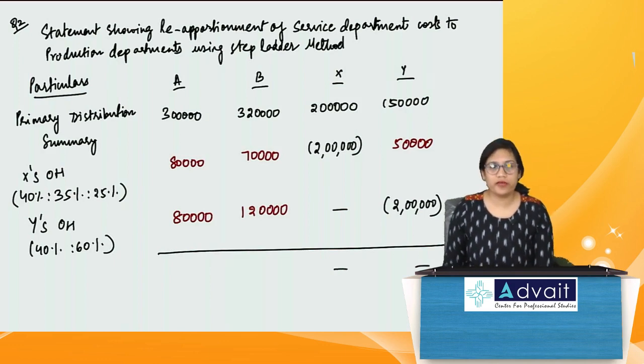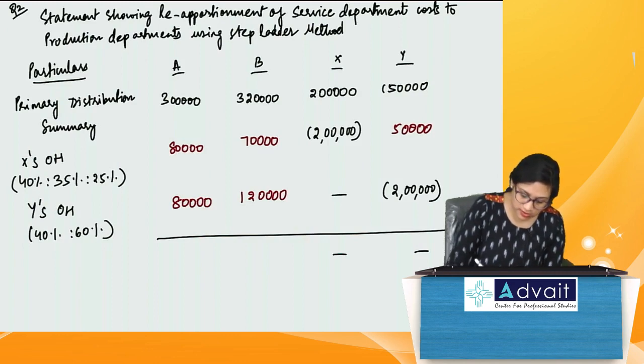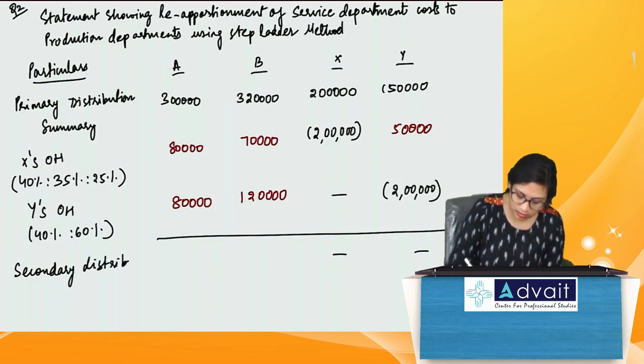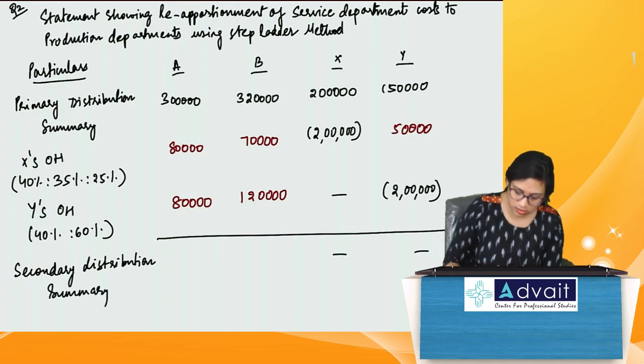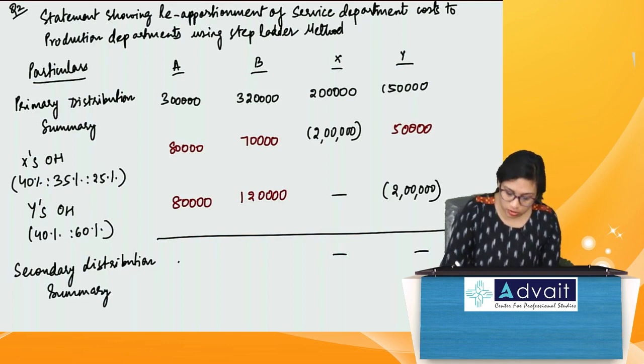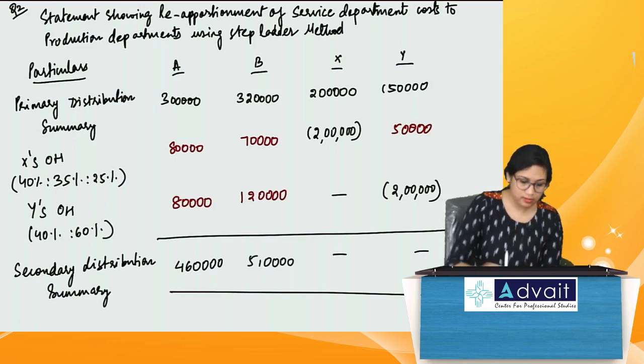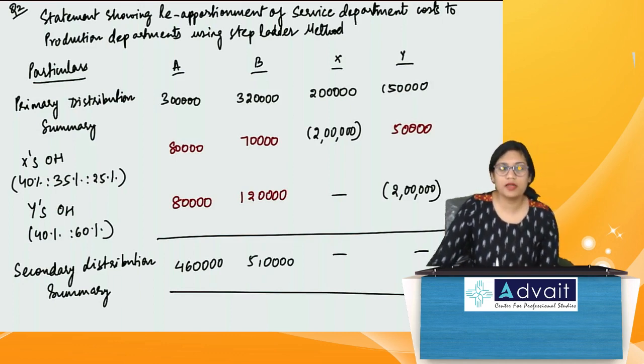I have transferred everything. Tell me the total. So this is secondary distribution summary. So 4,60,000 and 5,10,000. Please check if you've got the same answer.